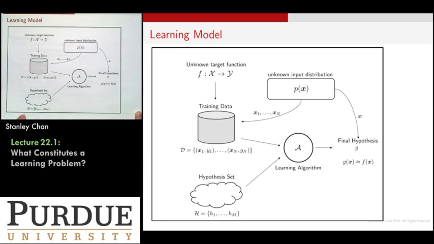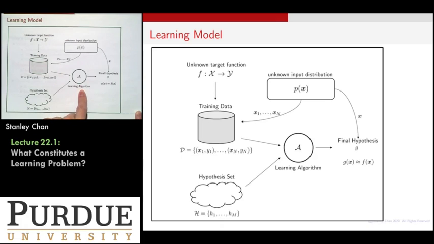And then you, as a user, can specify the hypothesis set. For example, you say that I want to work with linear models, then you have constrained yourself to a set of linear classifiers. From there, you apply something called the learning algorithm.